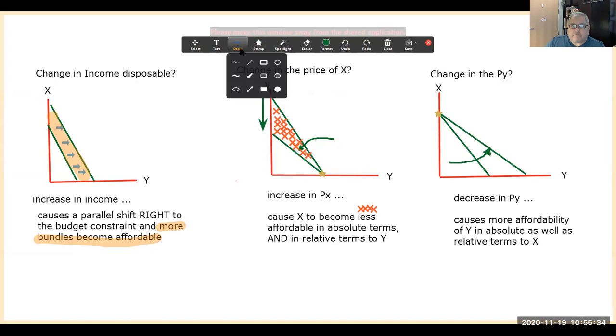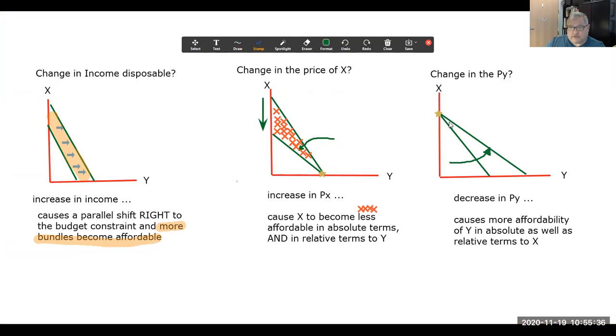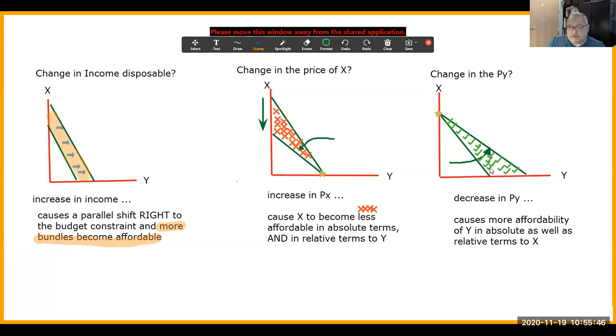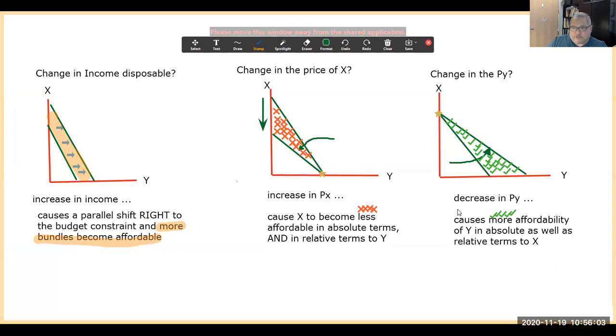And we have greater affordability. So instead of having X's, we have checks, because we now have more bundles that are feasible than before. And because we have more bundles, we are able to achieve or attain higher levels of utility as a result of that. So I'm going to put check marks on top of the word more to symbolically represent an expansion of feasible bundles of consumption of X and Y.